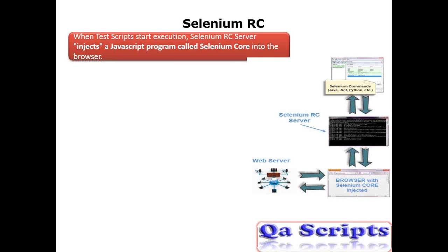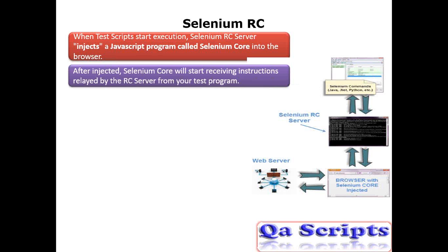So the JavaScript present in the browser will directly interact with the Selenium core because they are on the same platform and can understand each other's language. And here, after injecting Selenium core, it will start receiving instructions relayed by the RC server from the test program.